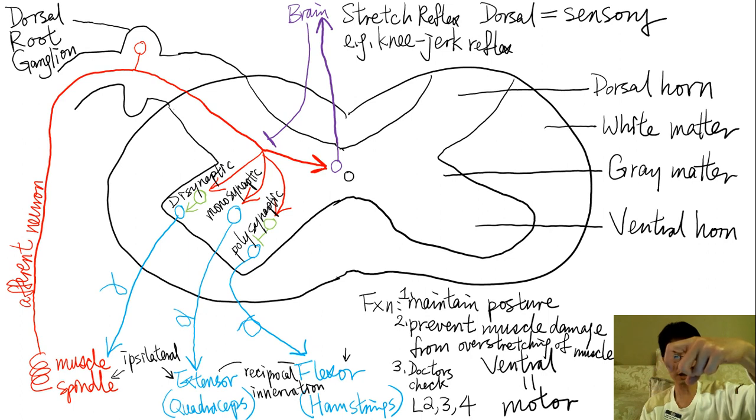Okay. It is very difficult to completely wipe out the knee-jerk reflex, because the general function of the reflex is to protect ourselves. It's for protection. Almost all reflexes are for protecting our body from injury.